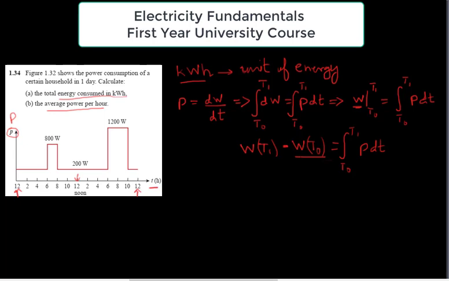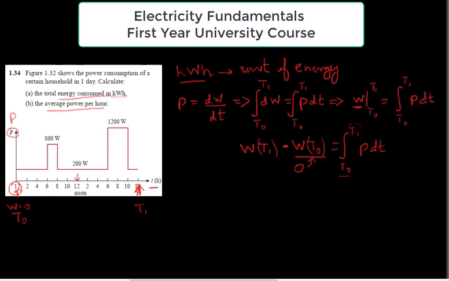And since we are assuming that before the midnight 12 a.m. here, before this point energy was zero, we can put energy as zero, and the simple equation would be W of t1 equals the integral of P dt from t naught to t1, and this t naught is the 12 midnight over here, and this final t1 value is this value over here, t1. So this is the t naught value, the time t naught, and this is the t1 value.